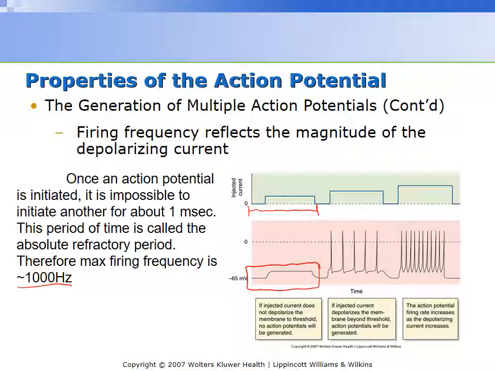There is no action potential, as you can see. When we increase this current a little more, we have passed the threshold now, and we start generating action potentials. Now we increased this current more, and lo and behold, we started generating action potentials that are much higher in frequency.